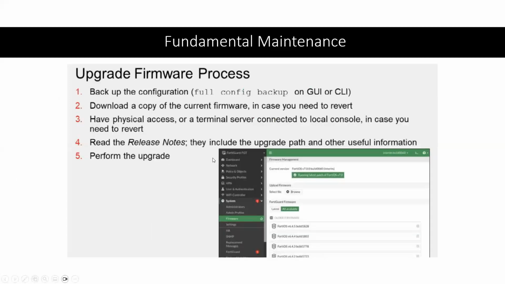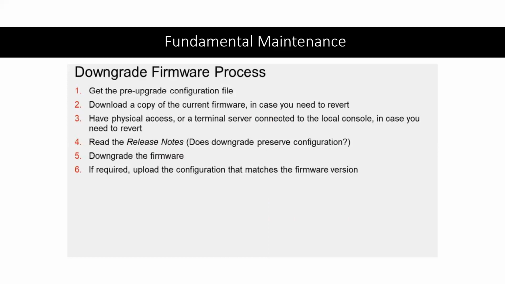But what if we did everything that we needed to do? We read the release notes, the vendor let us know, hey, upgrade to this new code, because there's a vulnerability out, this, that, and the third.